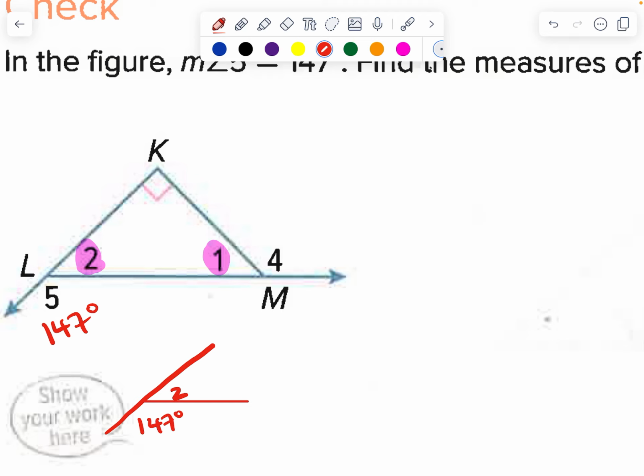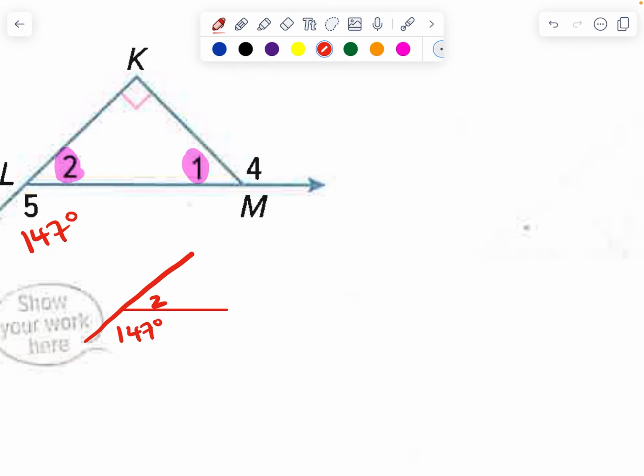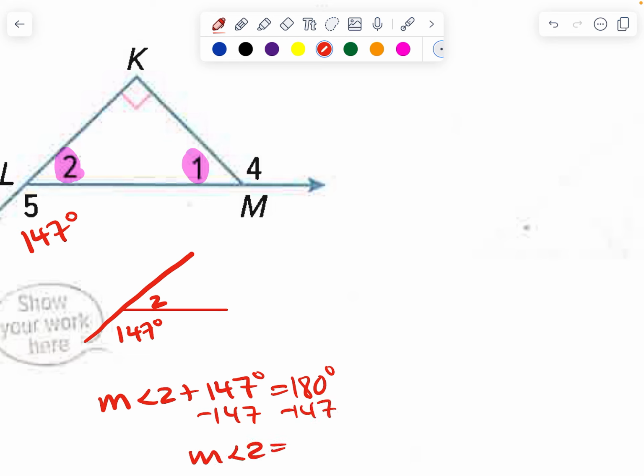This is angle 2. That's supplementary. It's a linear pair. So the measure of angle 2 plus 147 equals 180 degrees. So I'm going to subtract 147 from both sides. I'm going to get the measure of angle 2. That's 33 degrees. So this is 33 degrees.